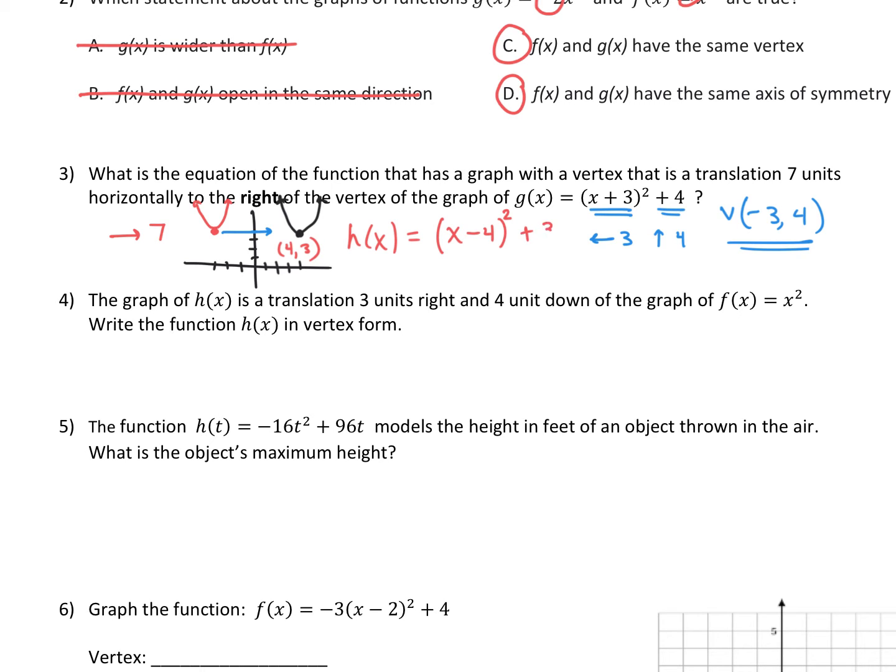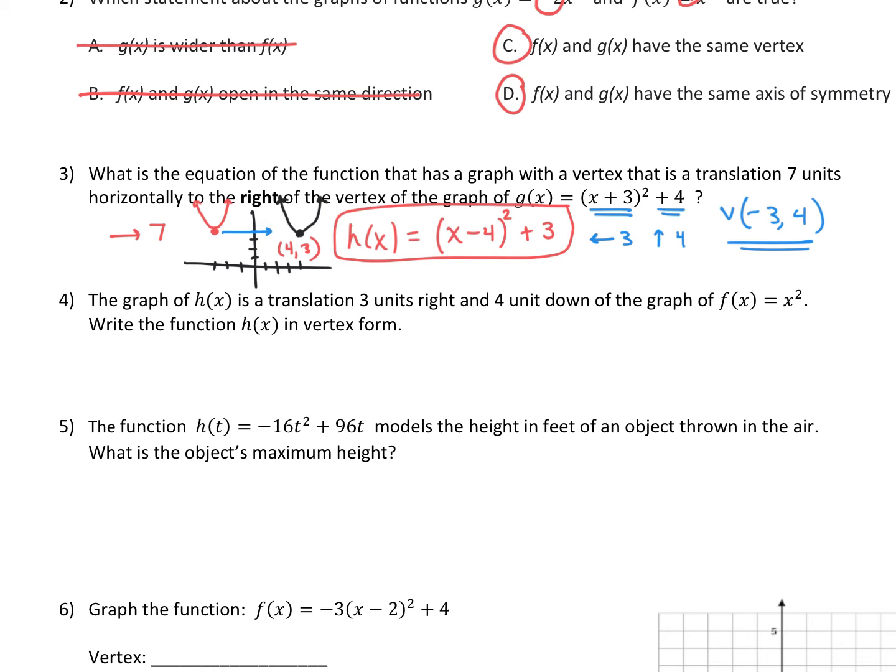And then plus 3 for that vertical shift. So this function is 7 units to the right of our g of x function. So for that problem, we had to figure out where the existing vertex is, and then from there we move it 7 units to the right, and then what is the function for any quadratic with that vertex.